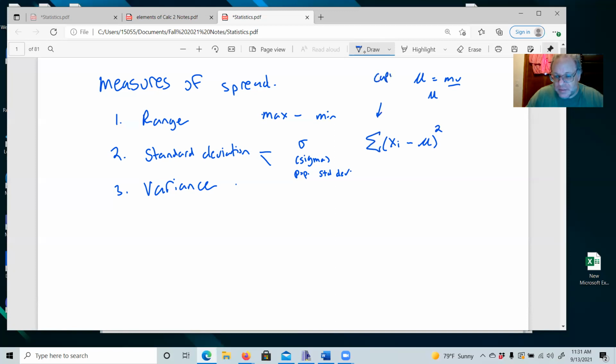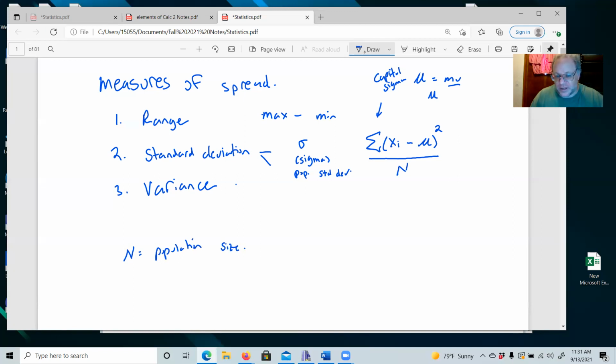This is a capital sigma. Again, it's a capital Greek letter, sigma, and all it means is add up everything that comes behind it. So we're just going to add all this stuff up. We are then going to divide by N, capital N. This is the population size.